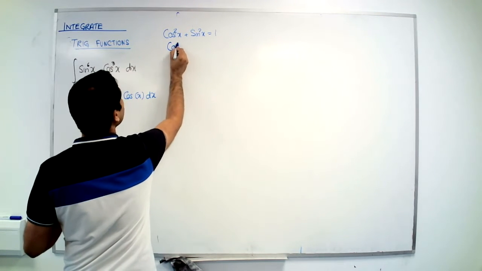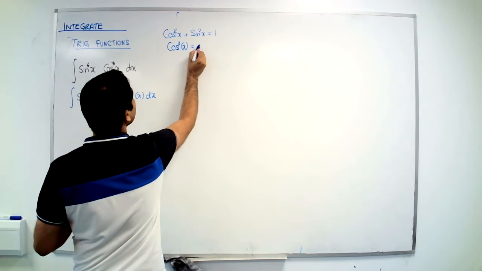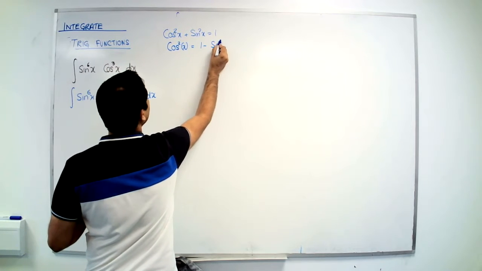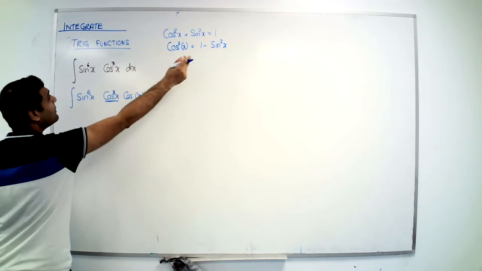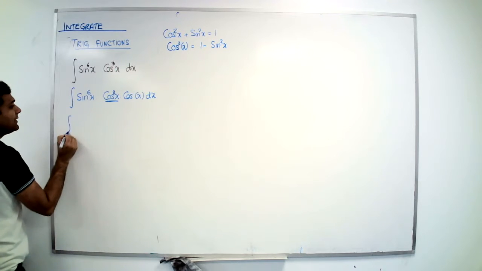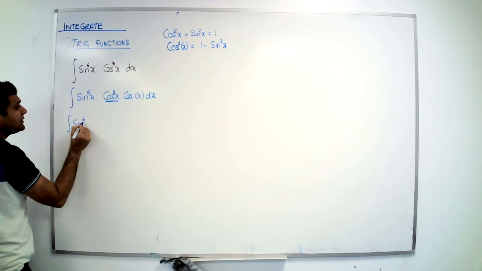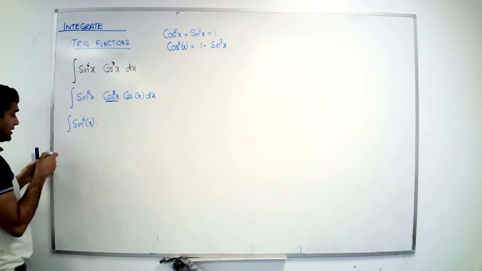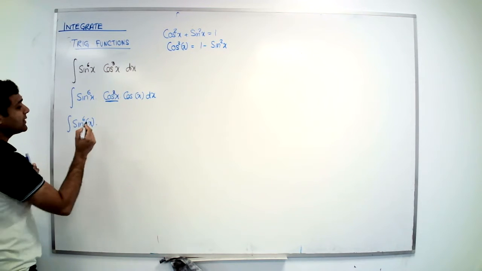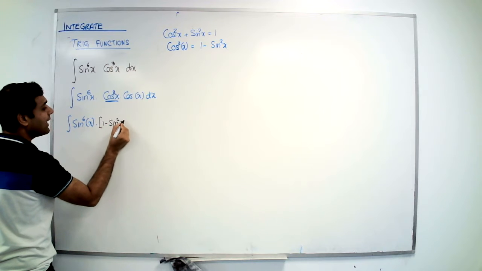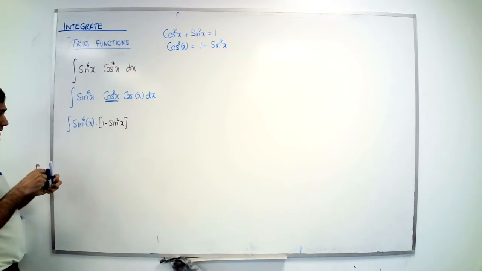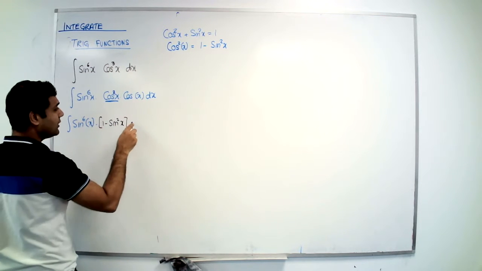If I rearrange this one, cos square x is 1 minus sine square x. So instead of cos square, I put this. I write sine 6x dot, now instead of cos square x, I'm going to put 1 minus sine square x, and here I got this cos x.